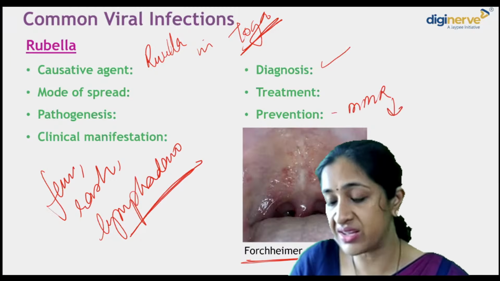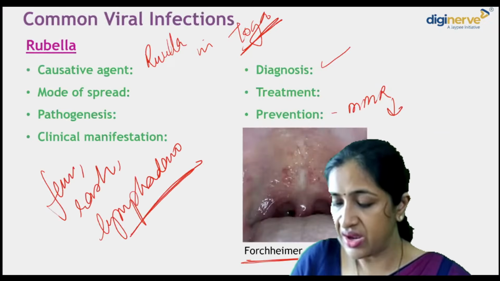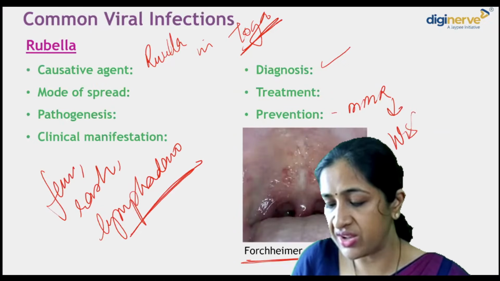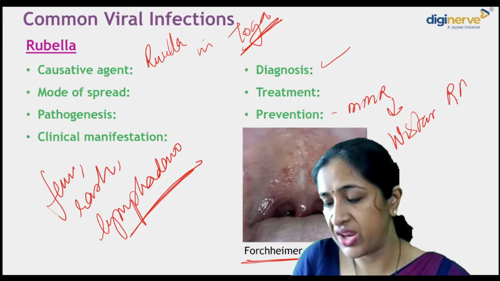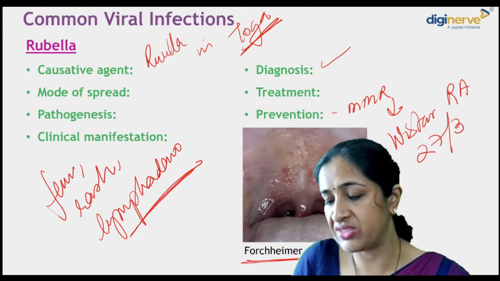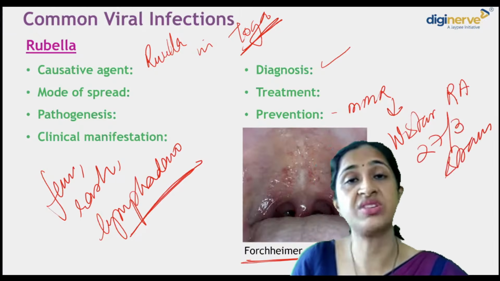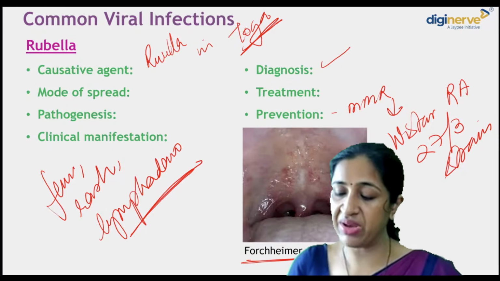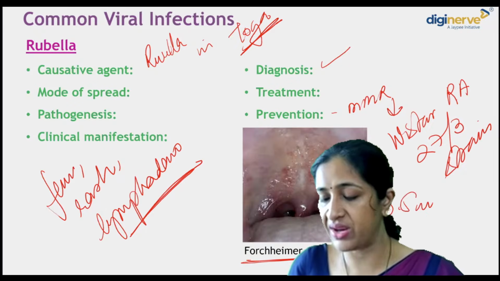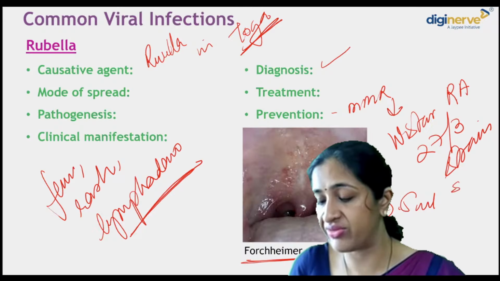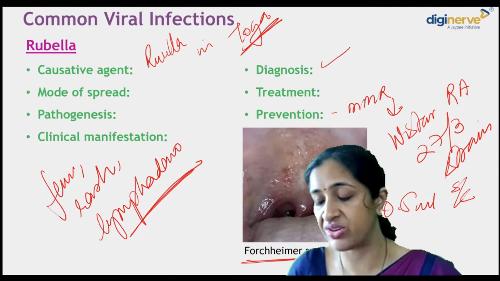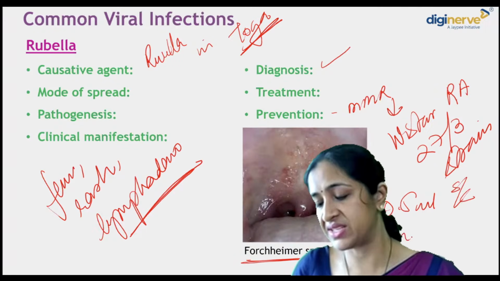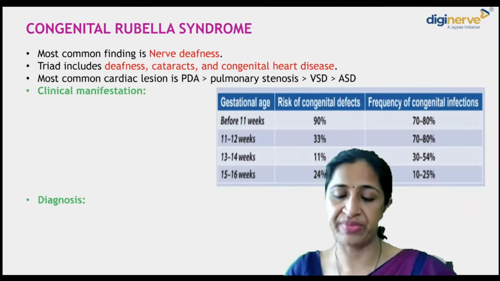For R, the Wistar RA27/3 strain is what is used. MMR vaccine 0.5 ml or the MR vaccine 0.5 ml, subcutaneous live attenuated vaccine, at 9 months and 16 months according to the government program.